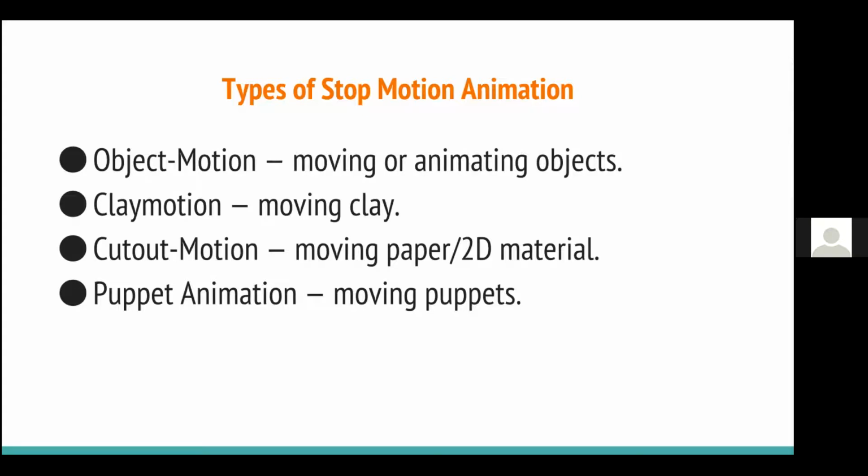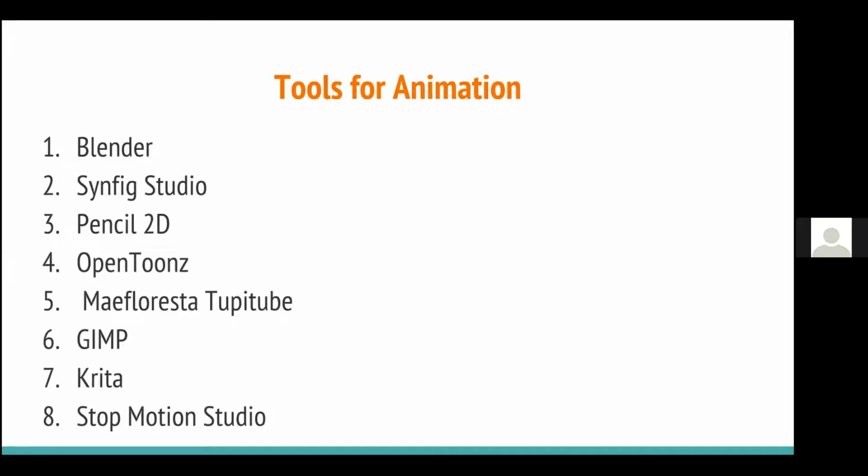In cutout animation we only show the length and width of that particular object. And puppet animation, we can create a puppet and use the puppet for creating animation. So these are the different types of animation you can use to create stop motion animation.